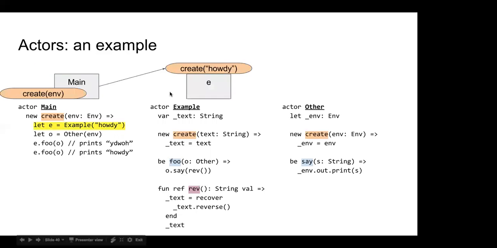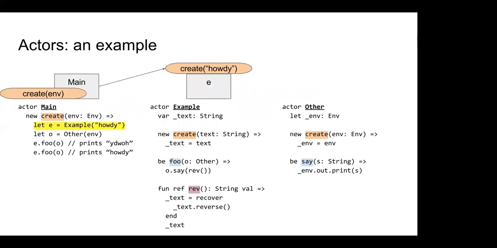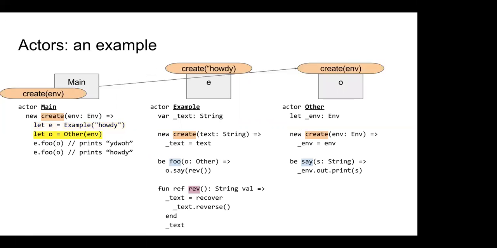Now, create is a constructor, but in the case of actors, constructors are behaviors. So Pony instantiates this example actor, and then it sends it the create message. And then the next thing main does is it instantiates the other actor, and it sends that a create message.